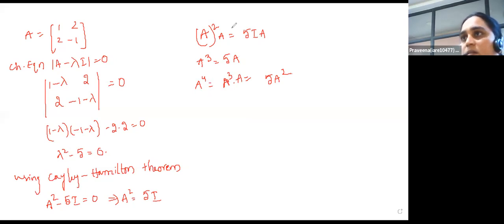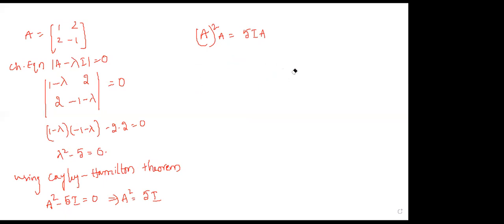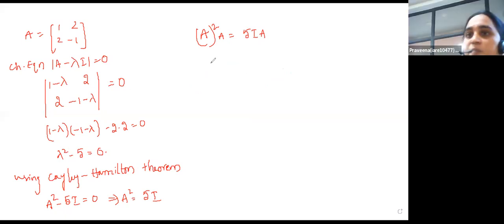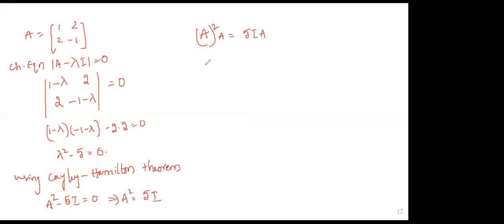Anyone got it? Wait, I am a little confused. What did you do? A square is equal to 5I. Did you multiply both sides, or directly take the power 4 on both sides?